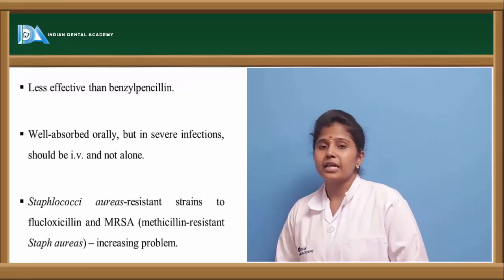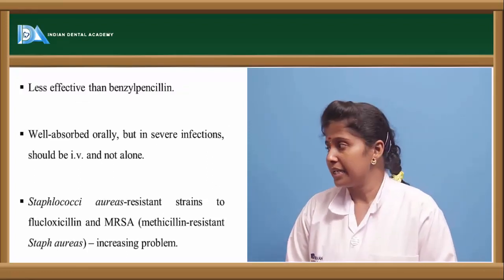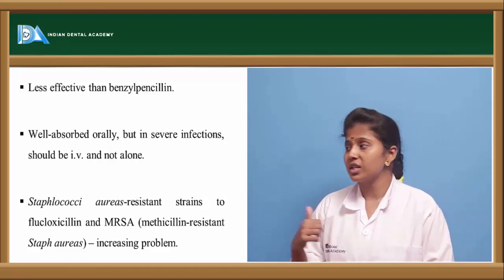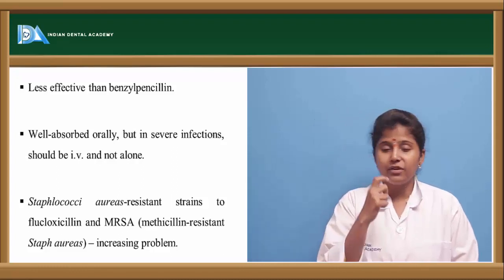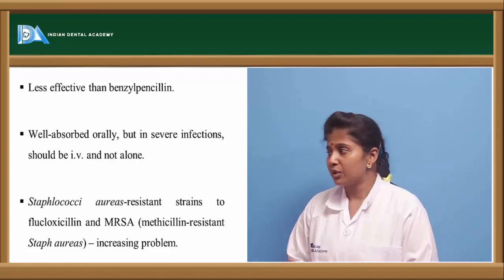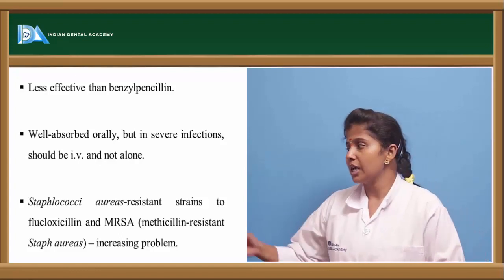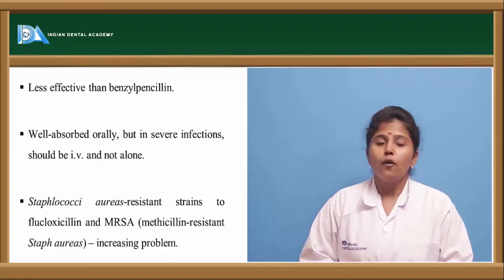It is less effective when compared to benzyl penicillin, and it is well absorbed orally. When given through the oral route it is well absorbed, but in severe infections it should be given only through the IV route. And Staphylococcus aureus species can be resistant strains to flucloxacillin.